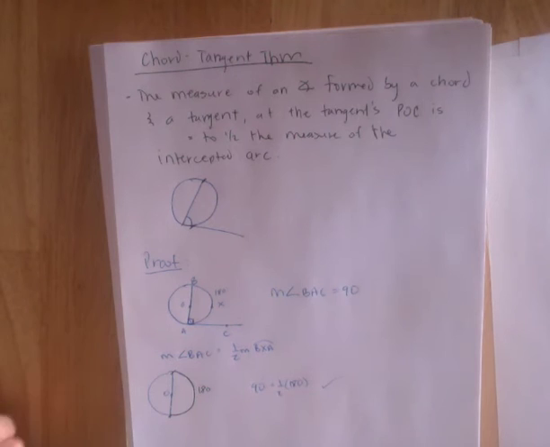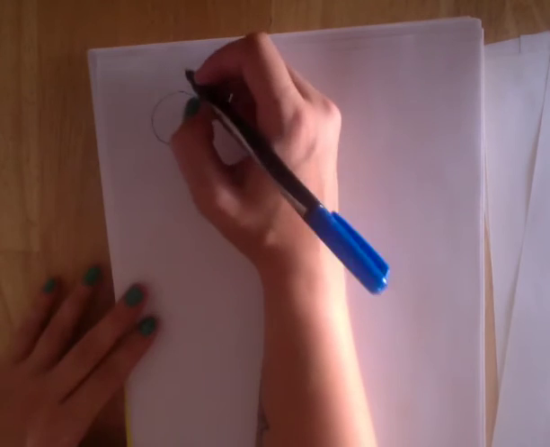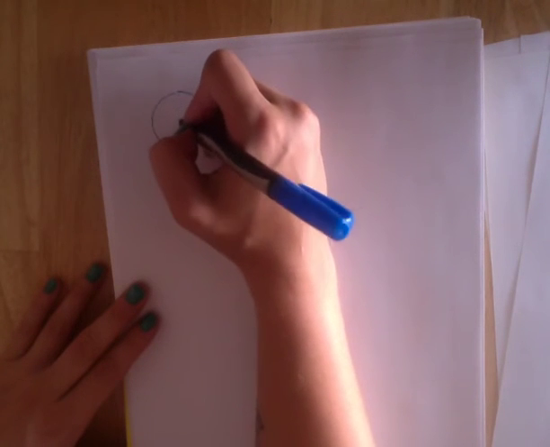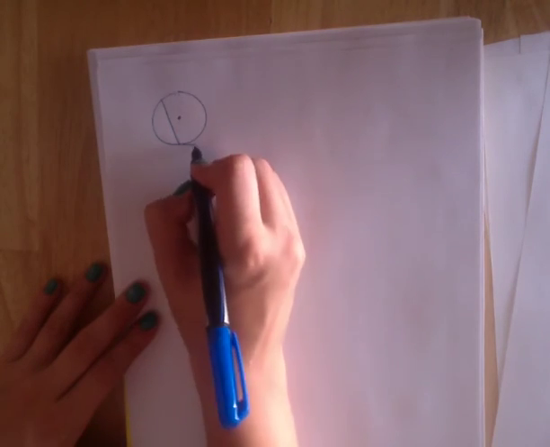Okay? Now, let's do another portion of the proof. If I have this circle here, that's my diameter. That's my chord and my tangent.